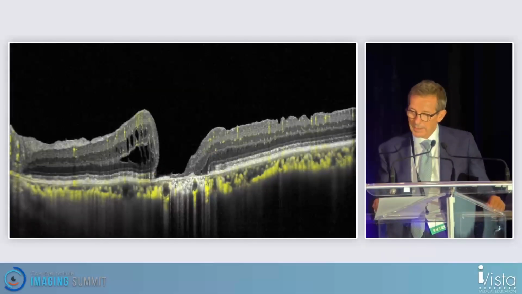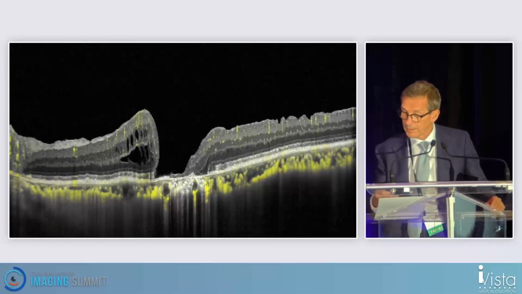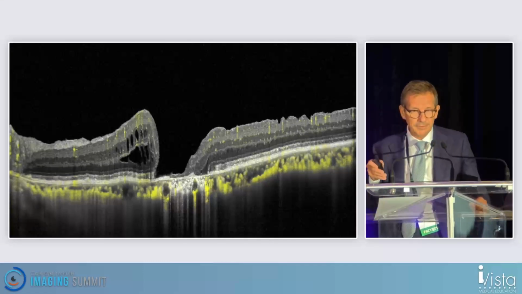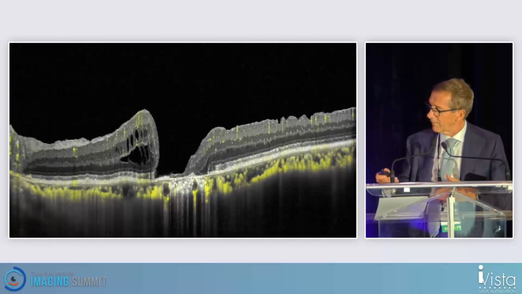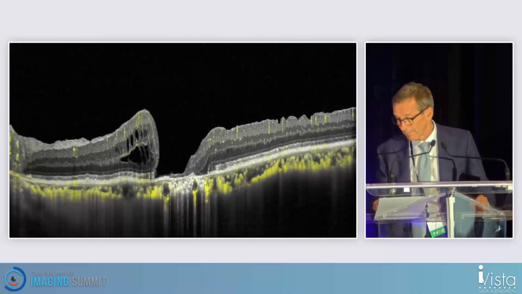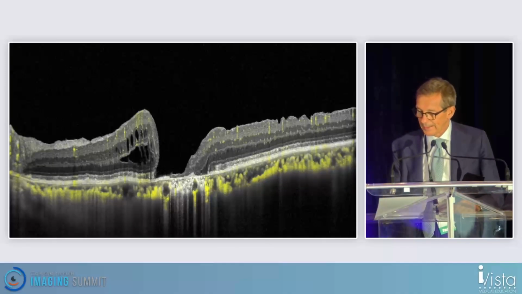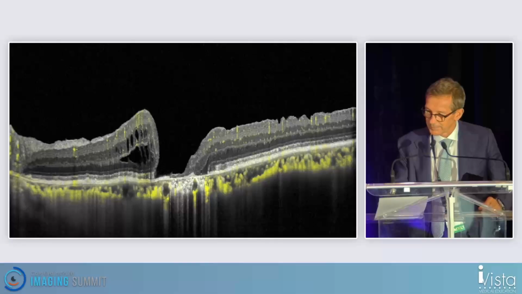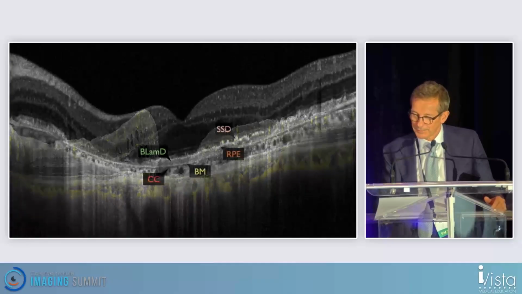The other advantage of the new devices is that you can also see the flow in each B-scan, so you can, for example, identify the retinal vessels and compare with hyperreflective foci to see if they are vessels or really hyperreflective foci, considering activated microglia or other exudates or whatever.